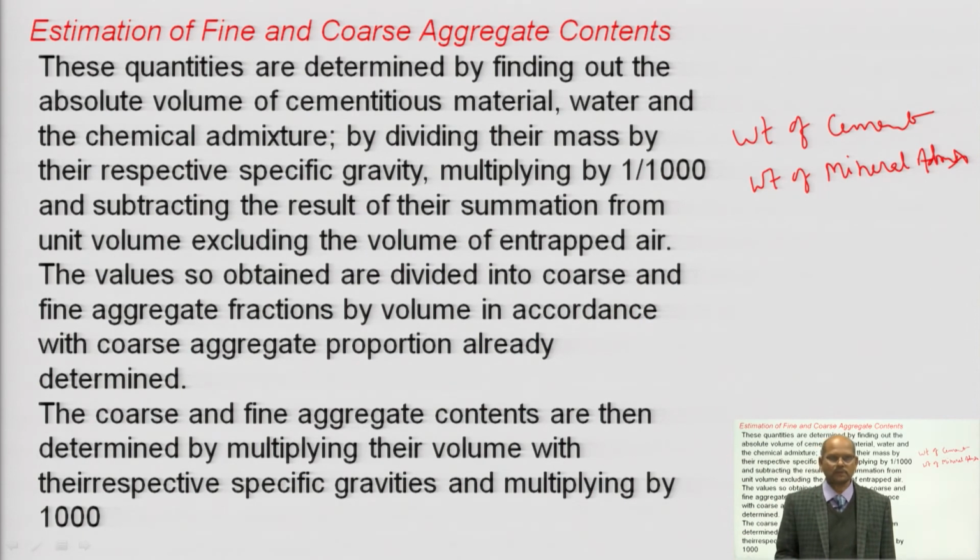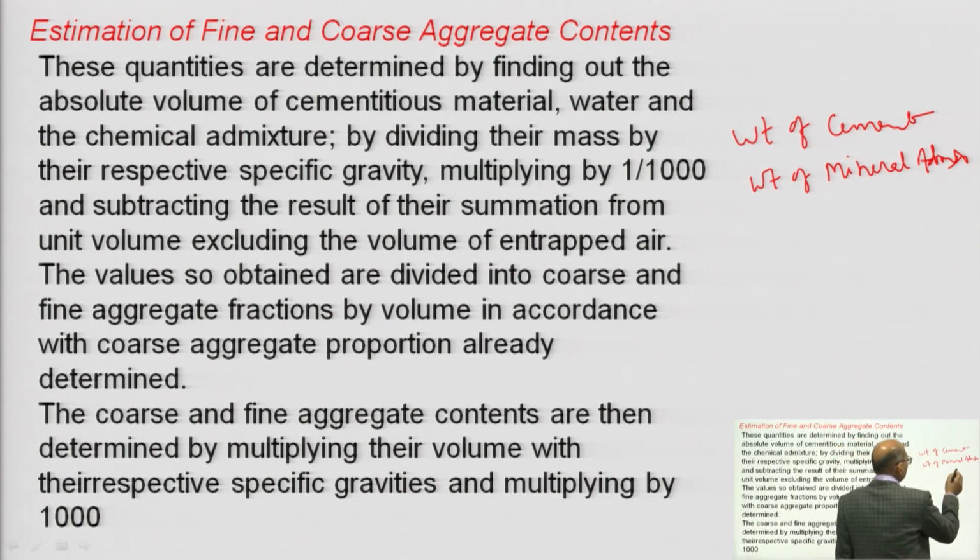Okay. So, from that table you can select the percentage of air content in the concrete, air entrained concrete. For 20 mm downsize a value is given, for 12.5 mm downsize a value is given, and for 10 mm downsize a value is given.